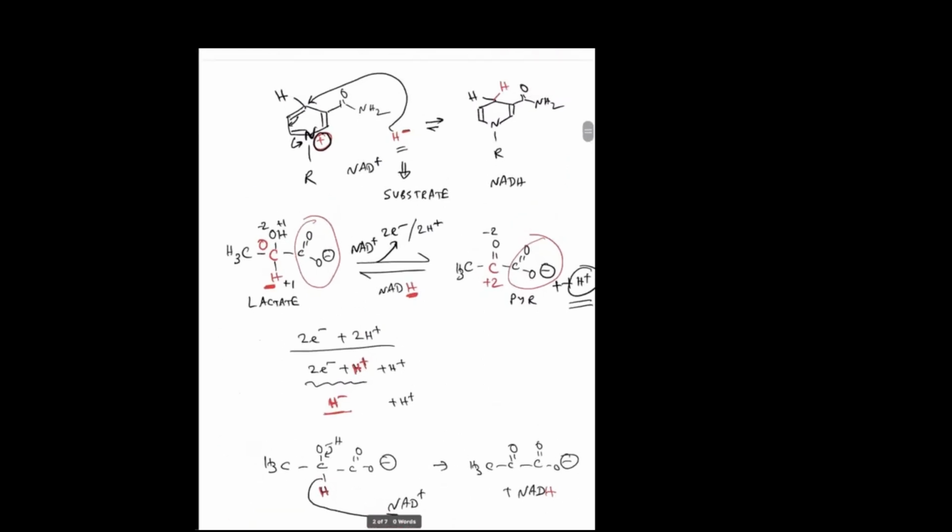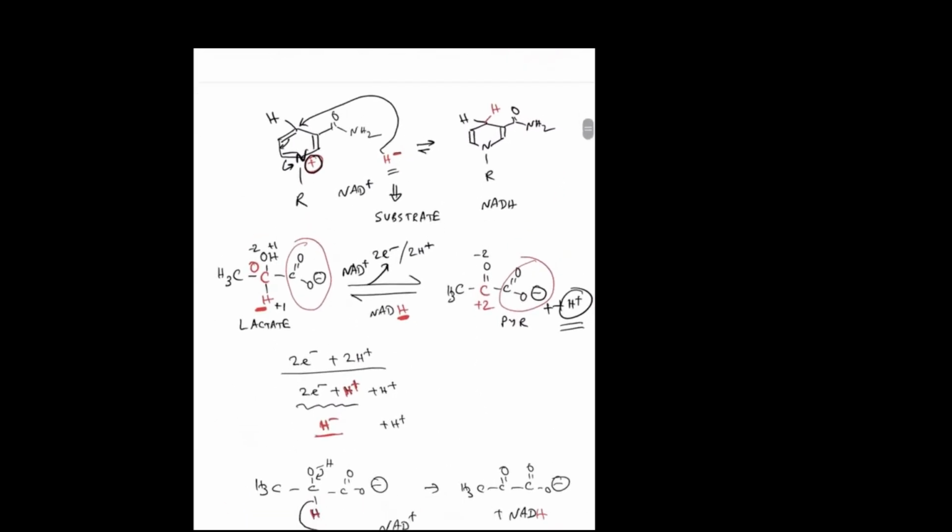So this process, lactate to pyruvate, doesn't happen on its own, meaning that if you just give NAD plus, it will not happen. You need an enzyme as well. So it's an enzymatic process, and that enzyme is called lactate dehydrogenase. We're going to learn about enzyme classifications as we go along.